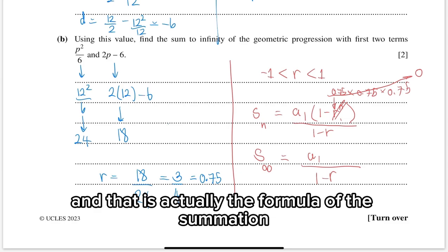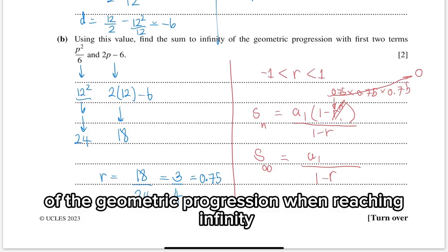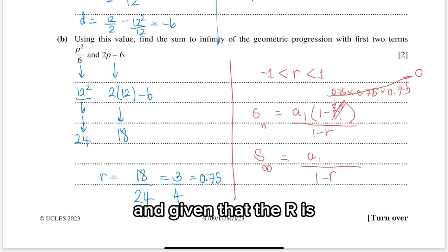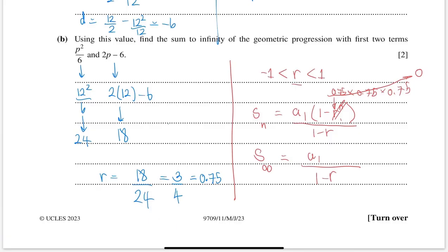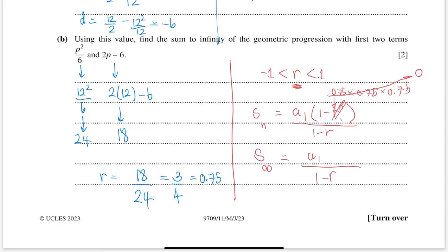And that is actually the formula of the summation of the geometric progression when reaching infinity. And given that the r is equal to something that is less than 1 but more than minus 1, right?